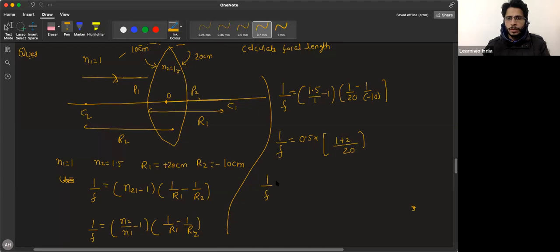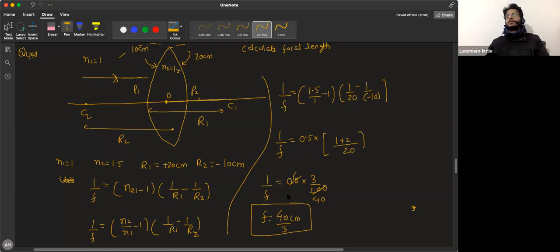So 1 by f is 0.5 into 3 by 20. So we get f equal to 40 by 3 centimeter. Abdullah, it's not 33.3, it's 13.3.